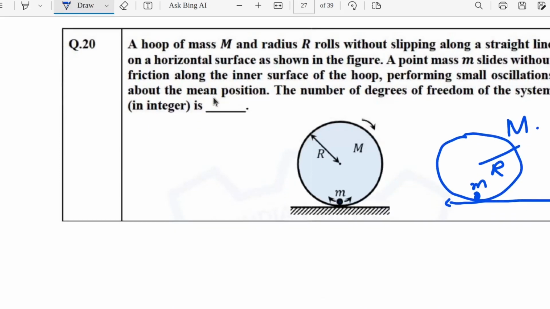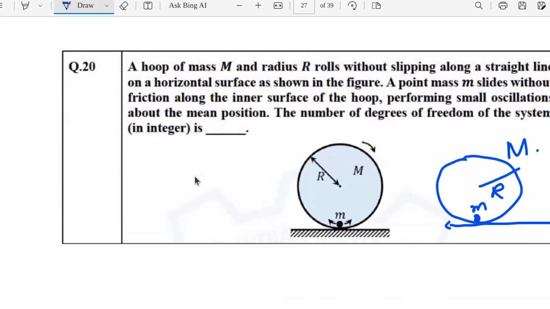Now you can see, I told you that for the number of degrees of freedom we need to know how many particles are there and how many constraints are there. So here you can see that the number of particles is 2, like as a system there are 2 particles. But the number of degrees of freedom can also be explained with the definition of how the nature of the system is.